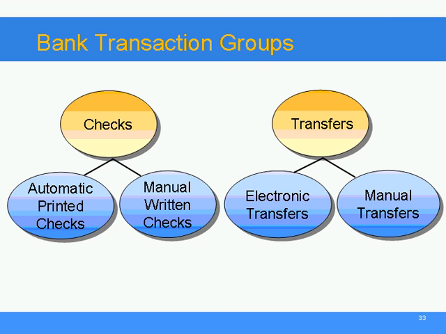After that, we can assign types to transaction groups. And you can use bank transaction groups to set up groups of different bank transaction types. In the bank statement reconciliation, calculate totals for each bank transaction group and for each bank transaction type.